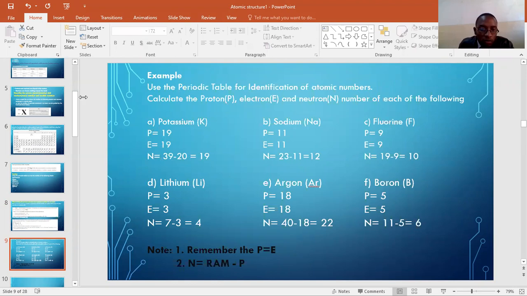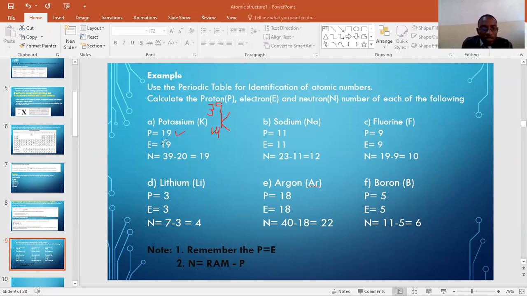But just to confirm, when you look at potassium on the periodic table, remember we have to be very conversant with the periodic table, you find that potassium is K. What is on top is 39, then what is down below is 19. We said what is found at the bottom is the proton number, which is 19.